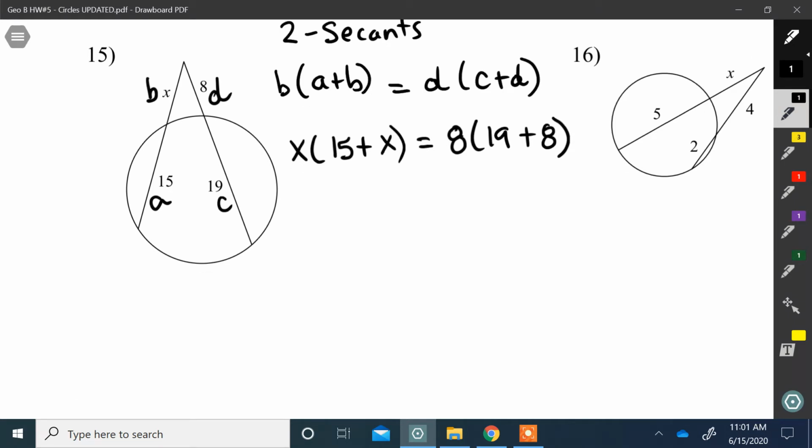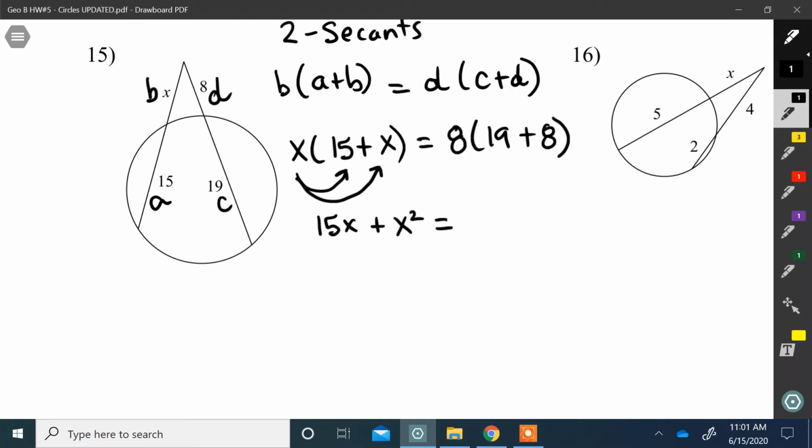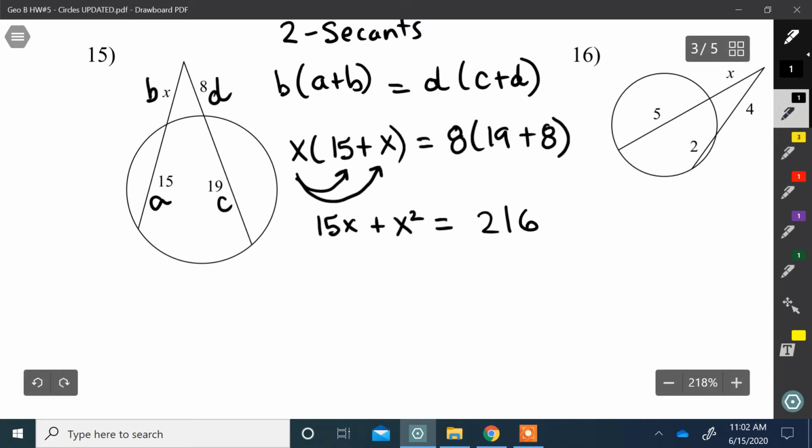In this one, you're going to notice something very interesting. When we distribute the x, this is what we're going to get. We're going to get 15x plus x times x is going to be x squared. Okay, and then let's simplify that. We got 19 plus 8 is 27 times 8 is going to be 216.